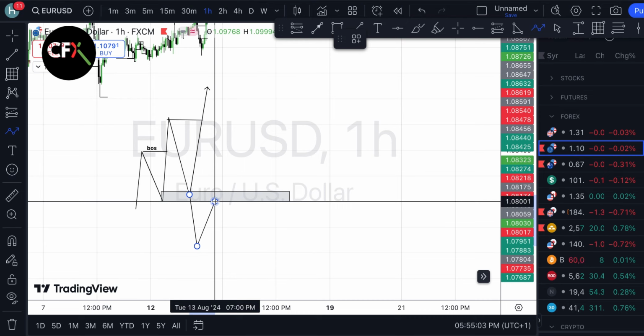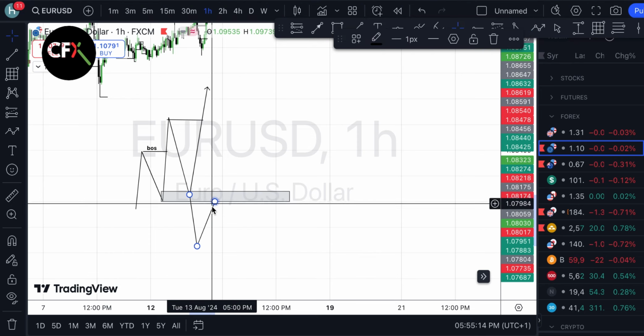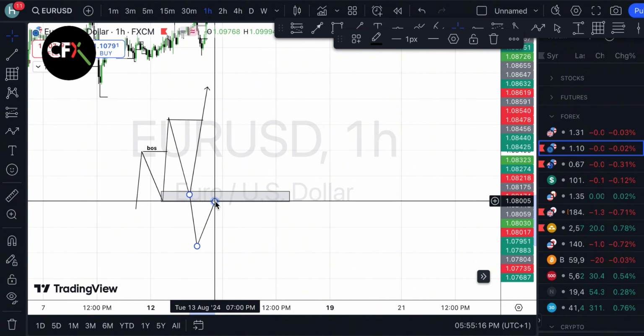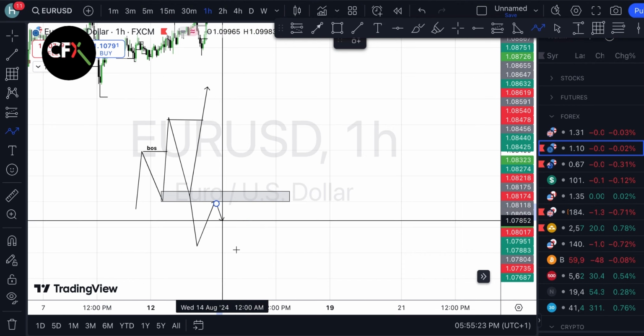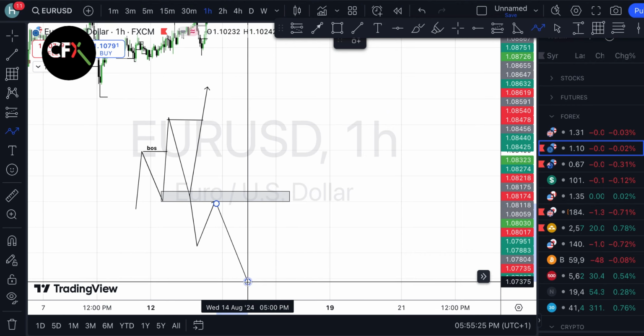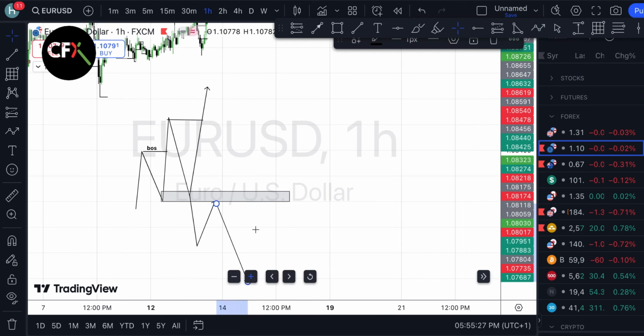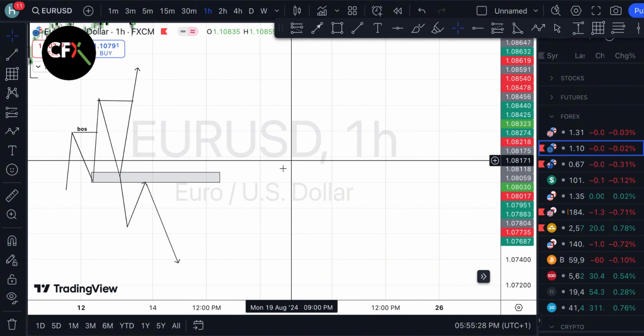So have this at the back of your mind. Whenever your order block is broken, it becomes a breaker block. So now price will have to return and retrace back to the previous order block before selling, something like this. So this is typically what a breaker block is.